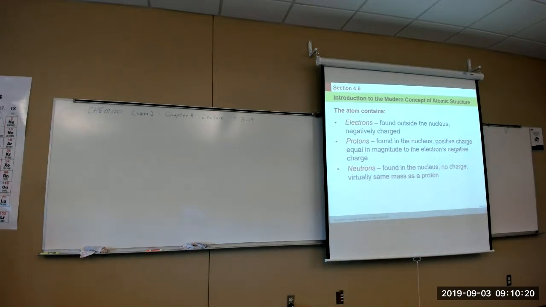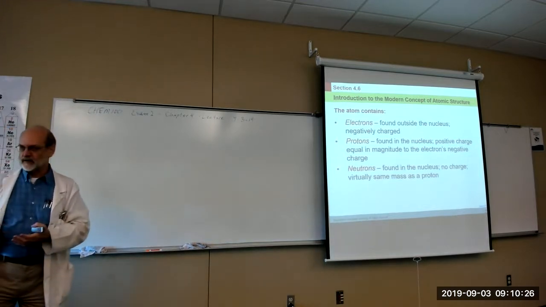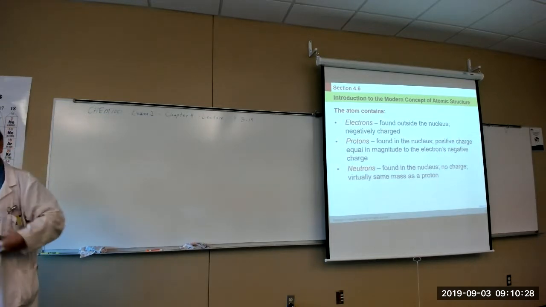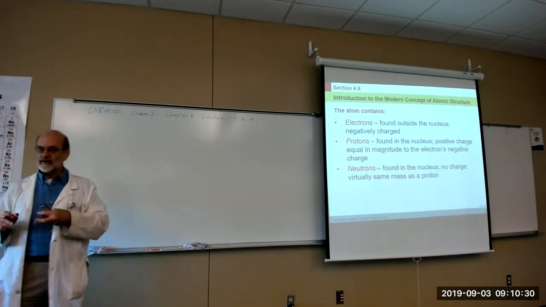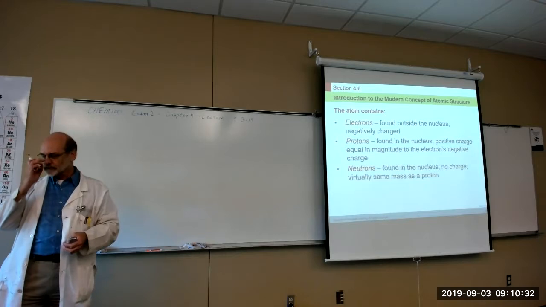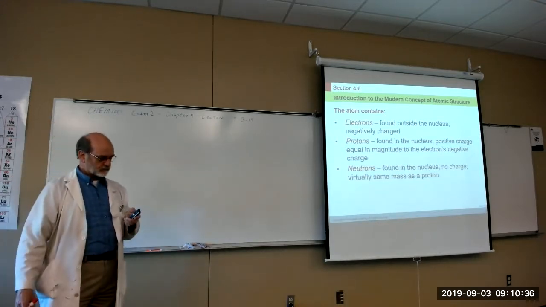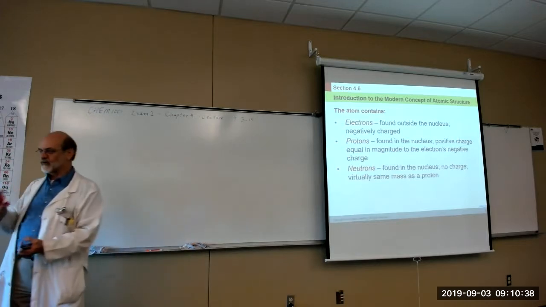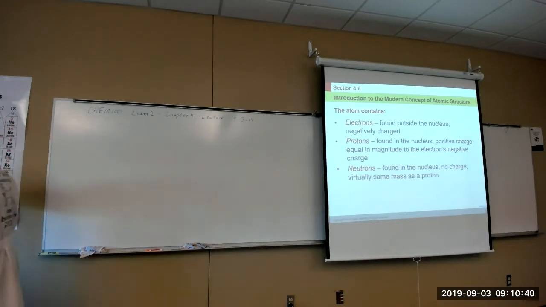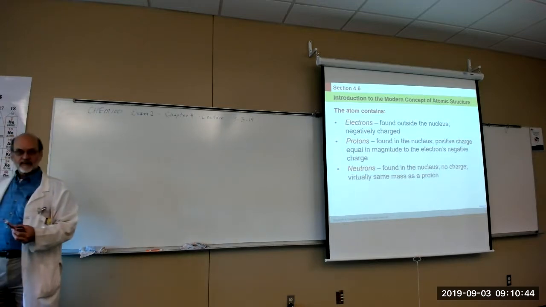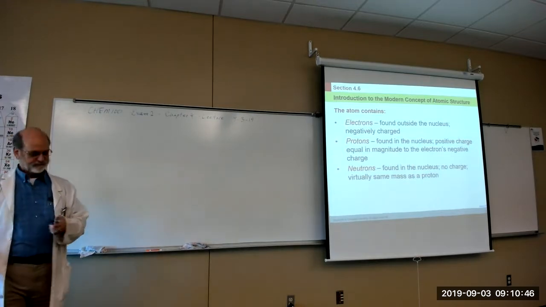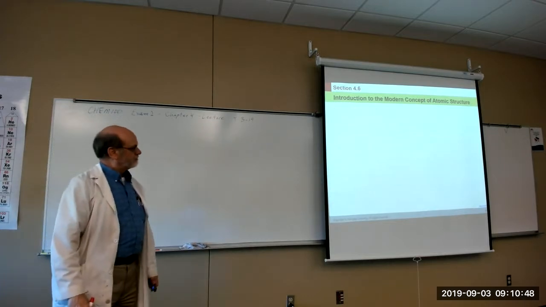And then as the nucleus gets bigger and bigger, you need more neutrons. The neutrons have a stabilizing effect on the nucleus. If you don't have enough of them, then you get an unstable nucleus and there's radioactivity. Or if you have too many, a similar problem. So there's an ideal number of neutrons for the number of protons, depending on where you are, for stability's sake.